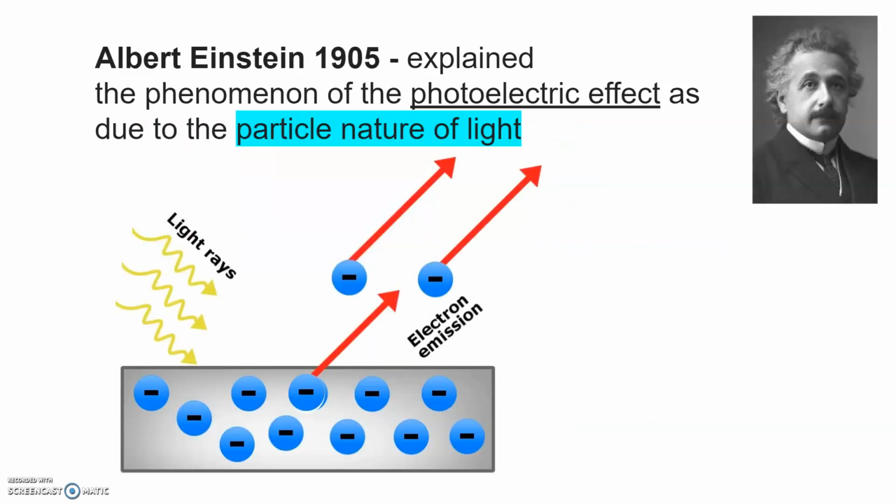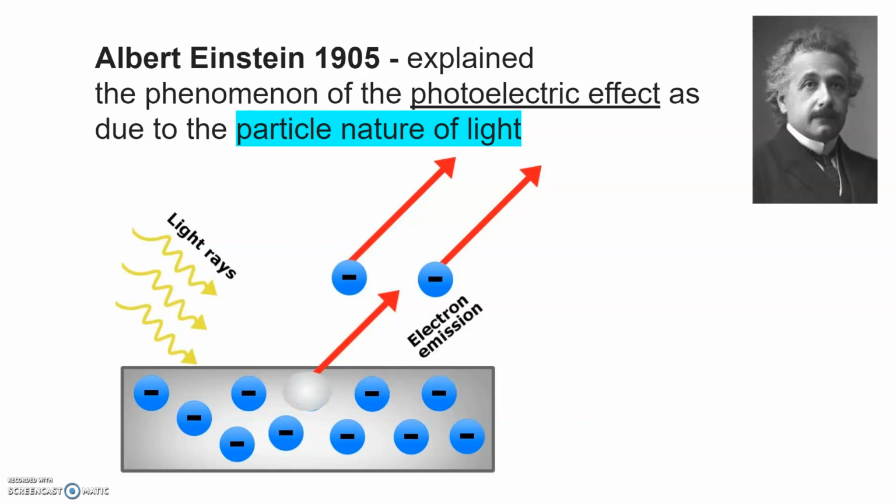And it turns out that 5 years later, Albert Einstein was able to use that concept in explaining the photoelectric effect. So you may remember the photoelectric effect, which is evidence for the particle nature of light, occurs when you strike metal with a certain energy of light.